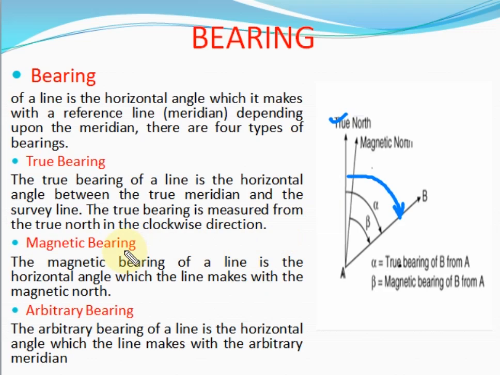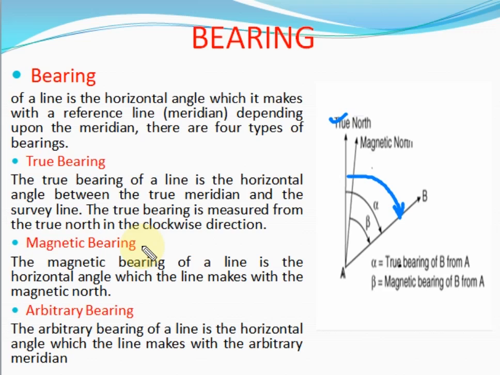In the case of the prismatic compass, you get the magnetic north, not the true north, because the needle may be deflected due to substances like iron or a magnetic pole nearby. So the magnetic needle may be deflected. That's why it shows only the magnetic north, not the true north.